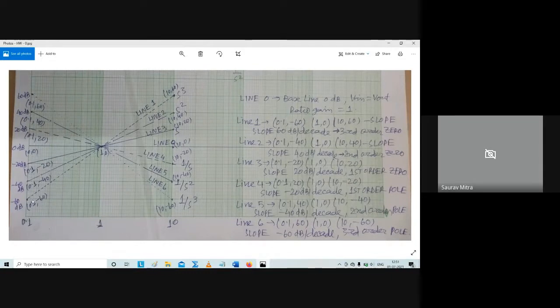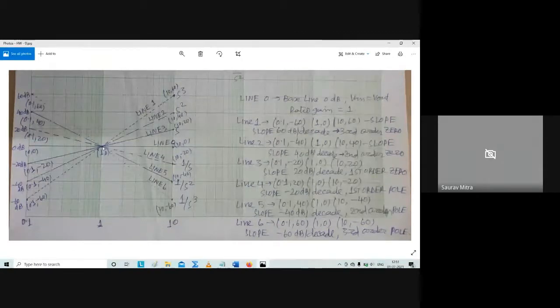And on the x-axis? It is 1 decade. That's why line 1 passes through 0.1 comma minus 60, and all these lines, 1 by s square, s cube, 1 by s cube, pass through 1 comma 0. These are protocols. In every numerical, you have to do the same thing.